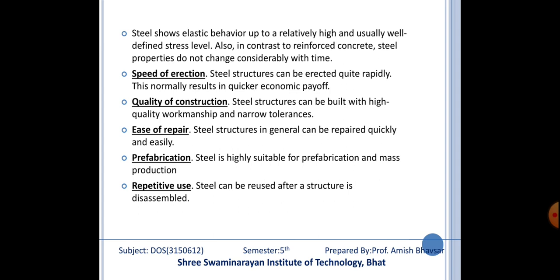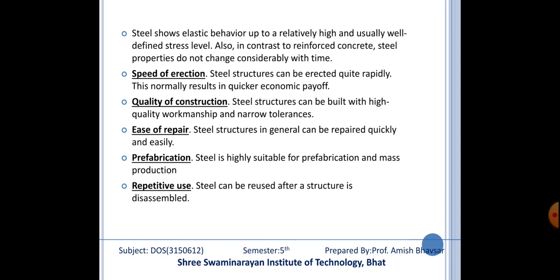Quality of construction. In RCC structure, there is a chance of error due to casting. But in steel structure, there is limited tolerance because we must joint by welding or bolting, so it should be minimum tolerance. Ease of repair.